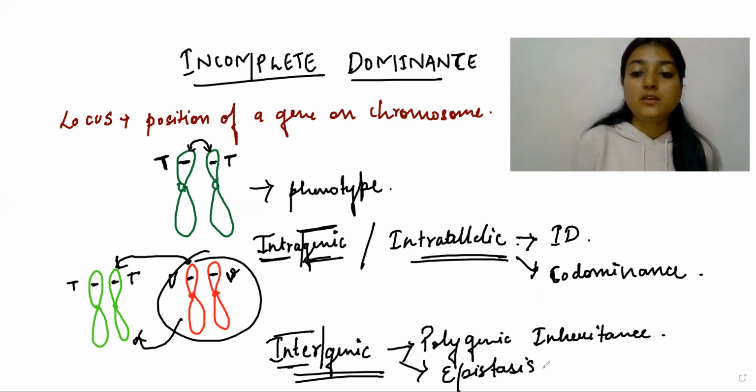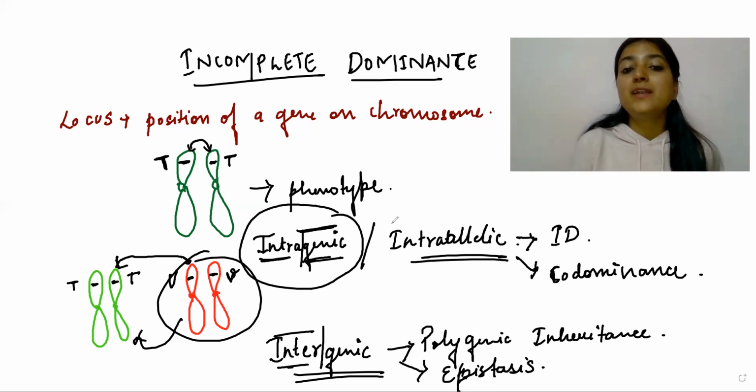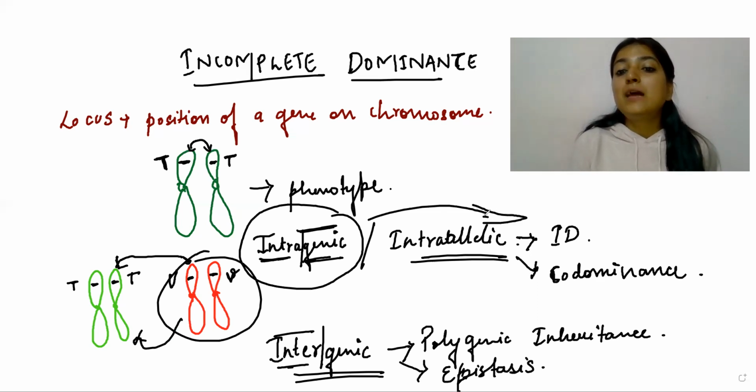So at first we will study the intragenic type of interaction, and the example we are taking is incomplete dominance.